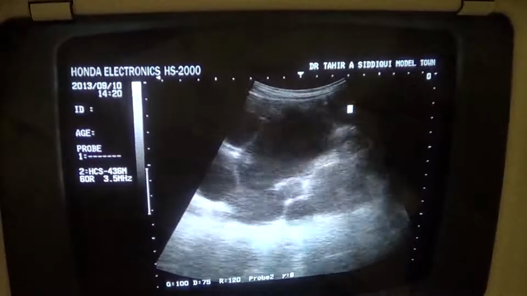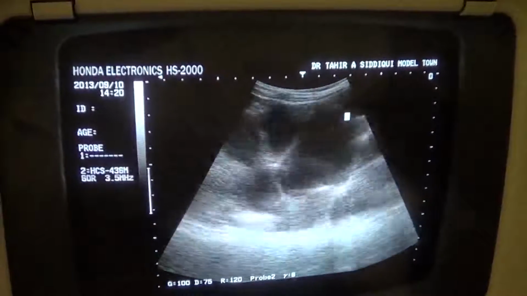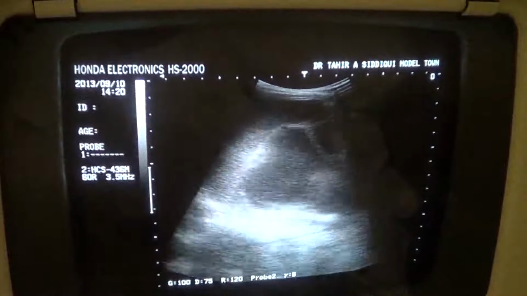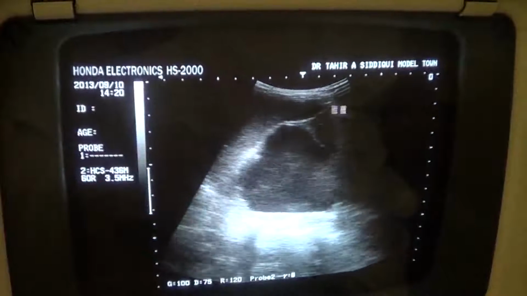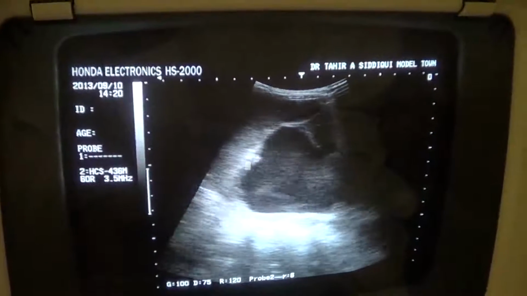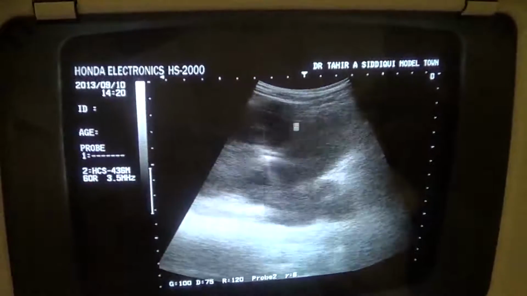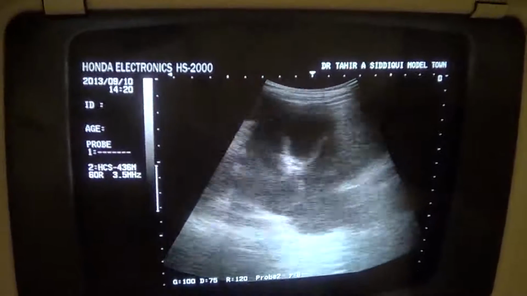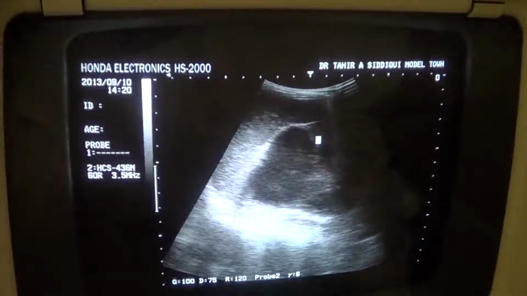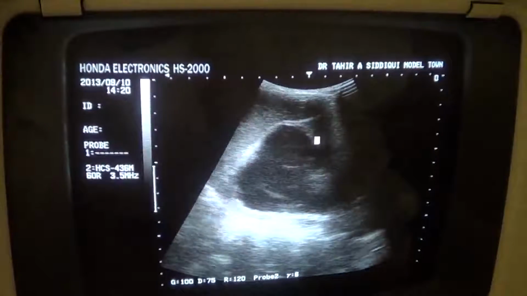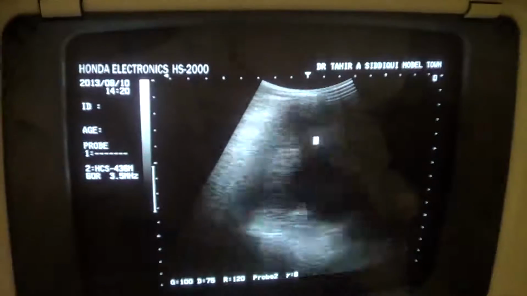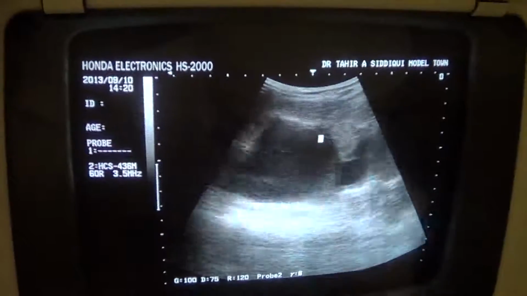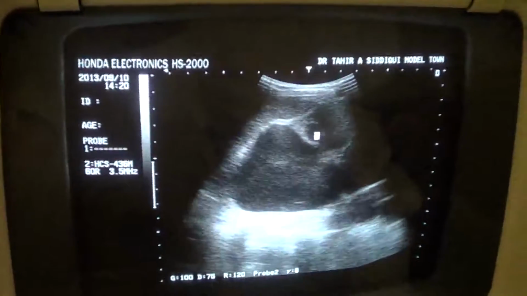Okay. So all the calyces are dilated, and the degree of dilation is massive in this one, because you don't see any parenchyma. Total parenchyma at all regions is thinned out, and there are floating low level echoes in this kidney as well, as we saw in the right kidney.